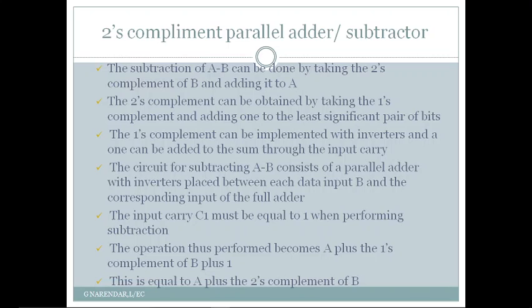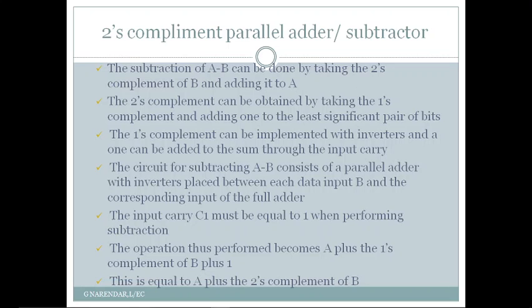All this is okay from a theoretical point of view, that is, with paper and pen. But how to obtain these complements by using hardware, that is, by using logic gates? We already know that we have an inverter, that is, the NOT gate, and the output of the NOT gate is the complement of its input.